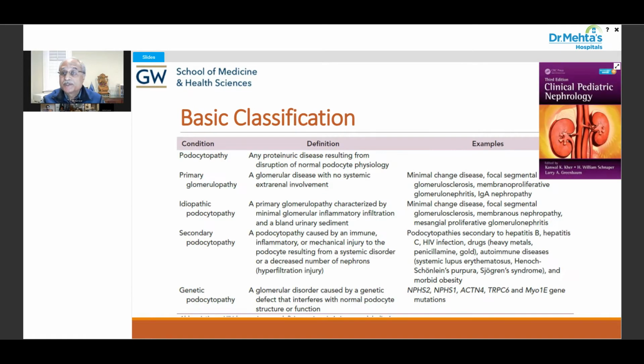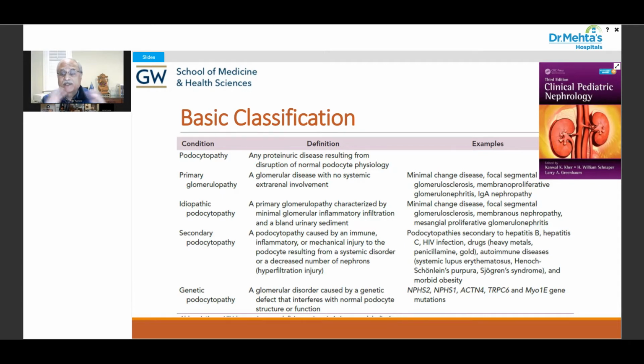My frustration with the definition of podocytopathy is very evident in the third edition of my book, where the authors actually mishmashed, and I'm a critique of that. I certainly had a lot of difficulty in accommodating this definition, but basically there are genetic aspects of it. There are secondary podocytopathies due to other injuries that the glomerulus is going through, and then there are the idiopathic ones.